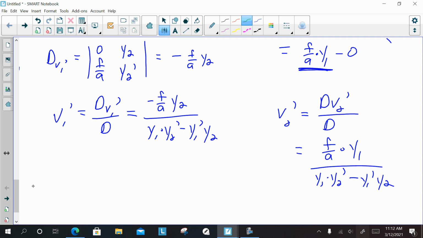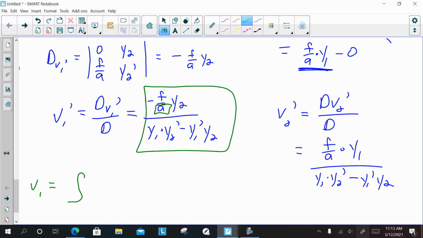So then to get v1, we simply integrate this. A is going to be a constant. That's going to be a number. So we can pull the negative and the A on the bottom out front.